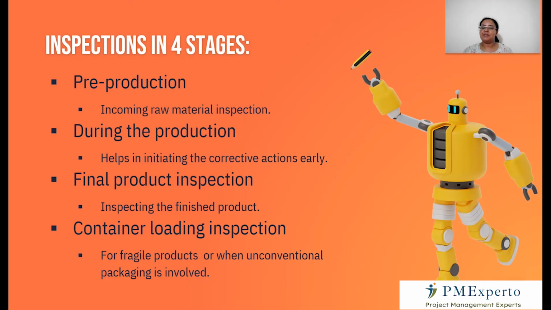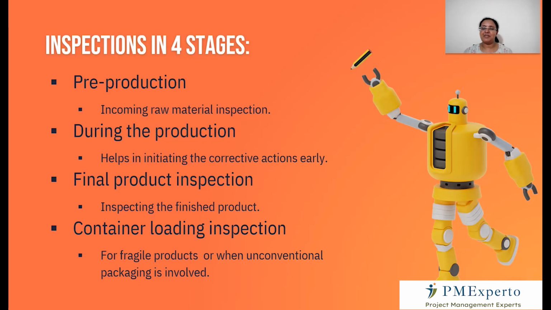The final product inspection is once the entire product is assembled, the check that is performed. So predominantly, the most common one in many industries that we see is final product inspection. Not that pre-production and during production does not happen, but to a large extent, the most common one is final product inspection.